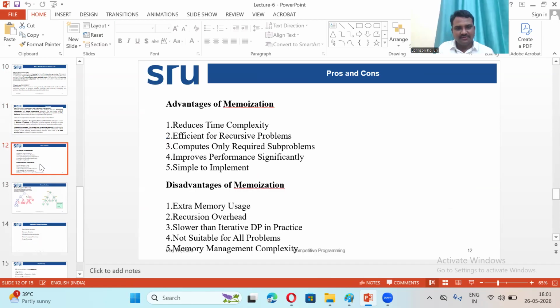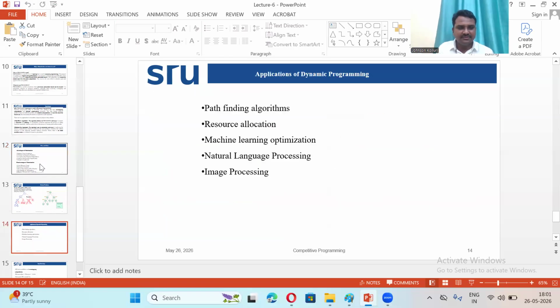The main important things are reducing the time complexity and being efficient for recursive problems. It calculates only the required subproblems, improves the performance significantly, and is simple to implement. Then what are the applications of dynamic programming?